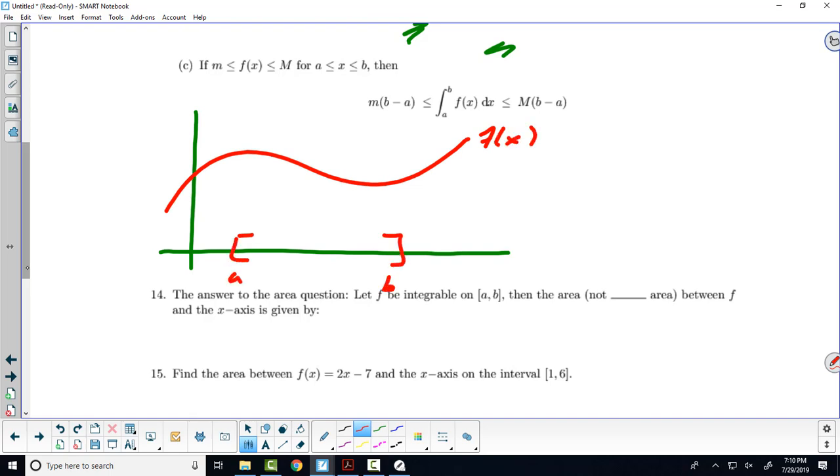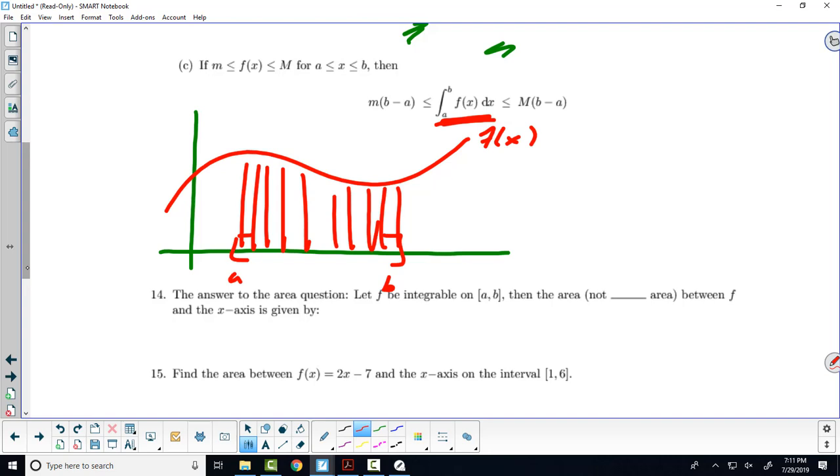What does the part I just underlined represent? The definite integral, which in terms of the picture is the net area underneath the curve. That's this number right there.